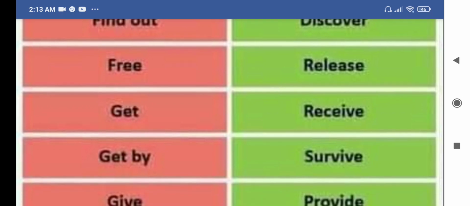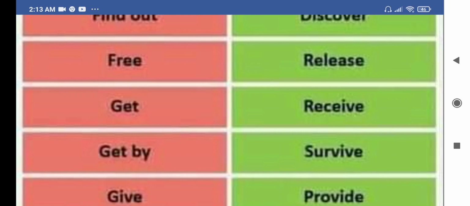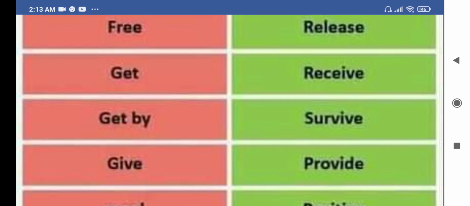So practice these things at home more and more from your exercise books or textbooks, and also study from the book provided by NCTB. There you'll find many informal words as well as formal words, and try to differentiate these words. And if you face any problem, feel free to call me or email me.